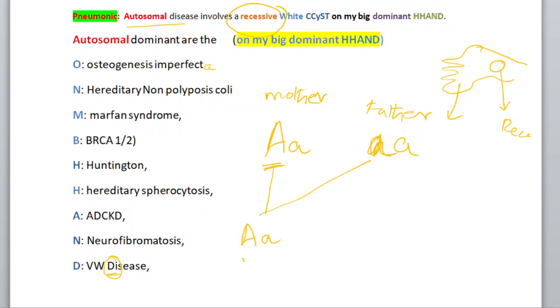This will be an abnormal, defective child. The A will combine with another a to form another abnormal child.